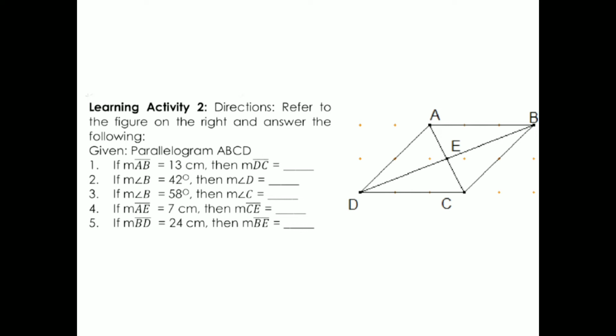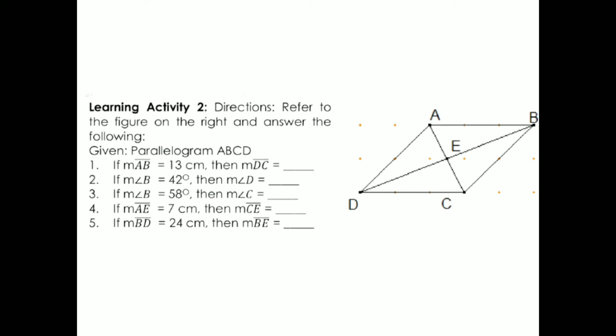And the next is number 3. Angle B is 58 degrees. Then angle C is what? Since they are supplementary, angle C is equal to 180 degrees minus 58 degrees, and the answer is 122 degrees.